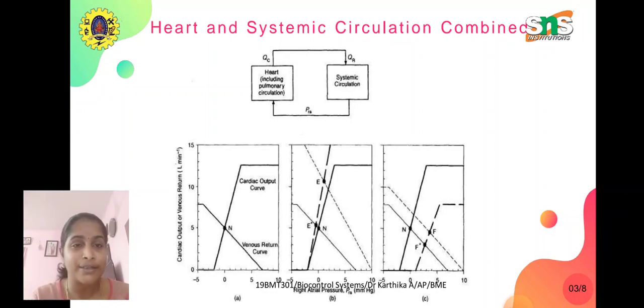Here the heart including pulmonary circulation and systemic circulation is represented in terms of QC and QR. Here the right arterial pressure PRA plays a major role, and the curves denote the cardiac output as well as venous return.